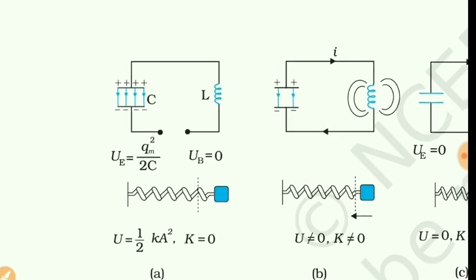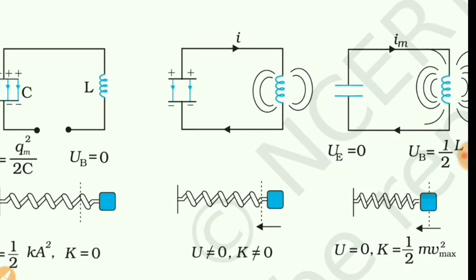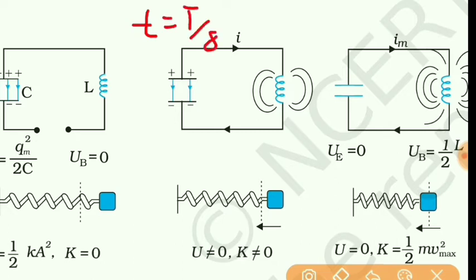Now the next figure is at time t equal to T by 8. The capacitor gets discharging. The process is now continuous, and the charge on the capacitor will decrease, but the current will start increasing.